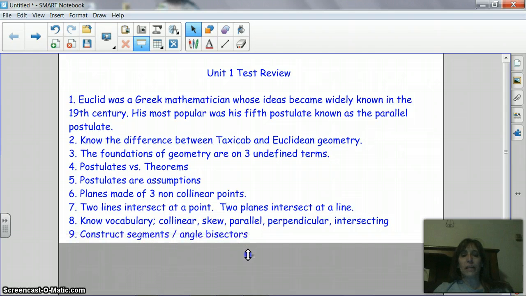Alright, number 9. Constructing segments and angle bisectors. Now, one of the questions on the test is actually constructing a segment. And hopefully you remember that when we constructed segments, we had to mark with our compass how far one line was, and then we went down on the next line and made that same mark.